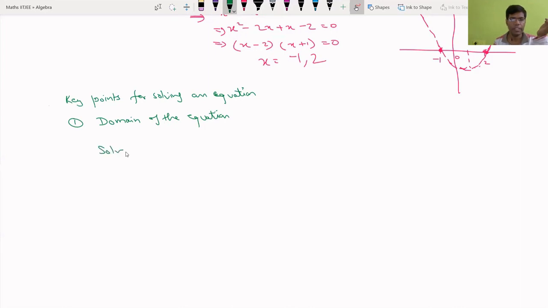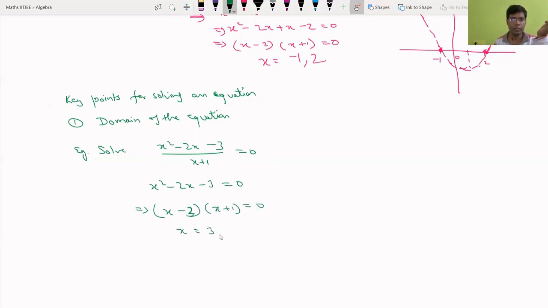So let's take a simple example. Suppose I need to solve x square minus 2x minus 3 by x plus 1. The general tendency of the students is, because this is in the denominator, they just take it to the other side, cross multiply, and are left with x square minus 2x minus 3 is equal to 0. If you factorize it, you will get x minus 3 multiplied with x plus 1 is equal to 0.